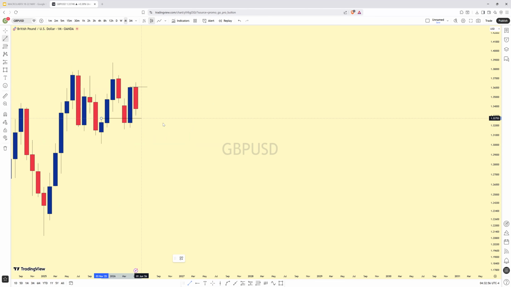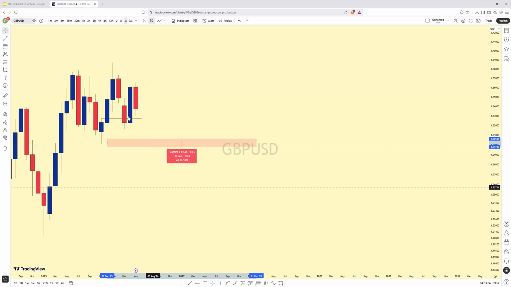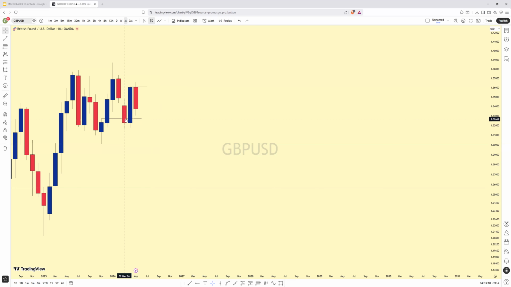block here, right? What's wrong with my mouse again today? So we could see this coming into this area, and possibly this area too.